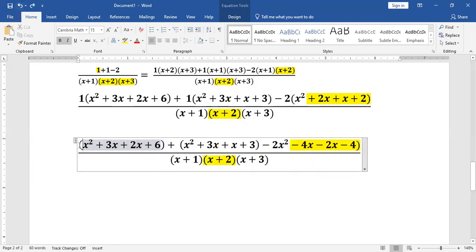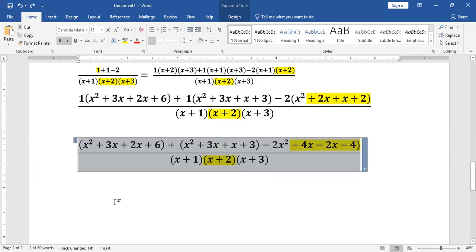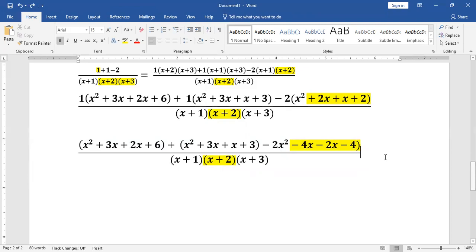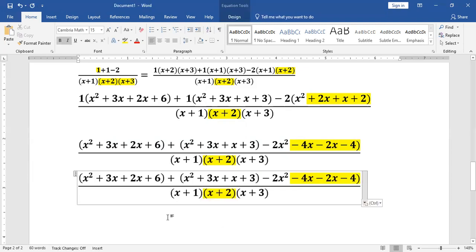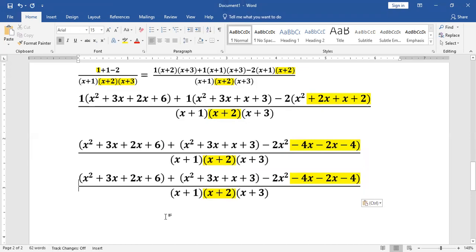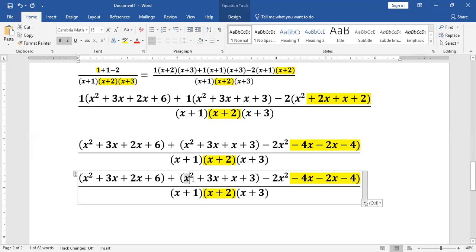There is no harm. X squared here plus x squared there, that is 2x squared, minus 2x squared there, that will be 0. So I've dealt with the x squared.